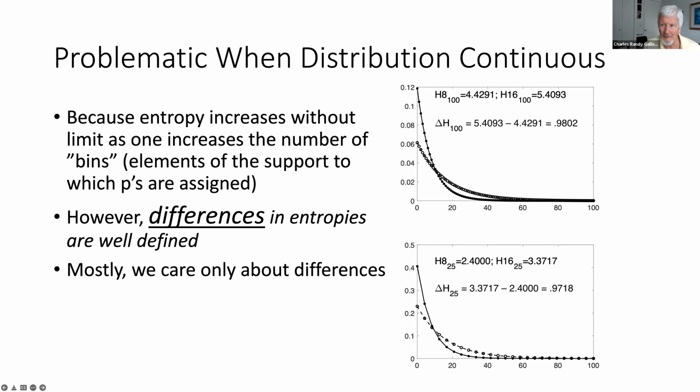And Shannon himself pointed this out in the original paper, but he said, look, 99% of the time, we're really interested in the differences in the entropy, right? We don't care about the entropy of 8 or of 16. We only care about the difference. And if you look at the difference, you say, oh, look at that. It looks like the difference is converging, right?